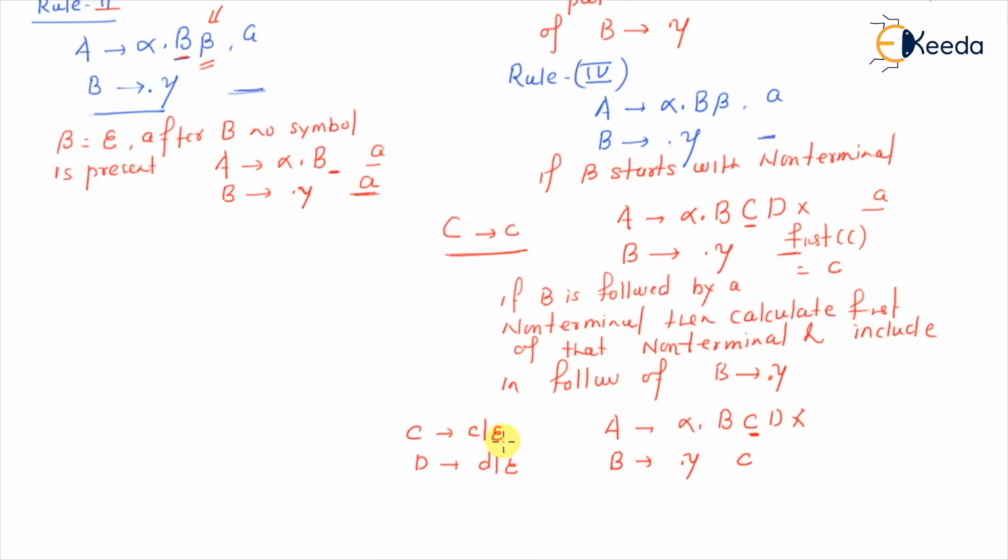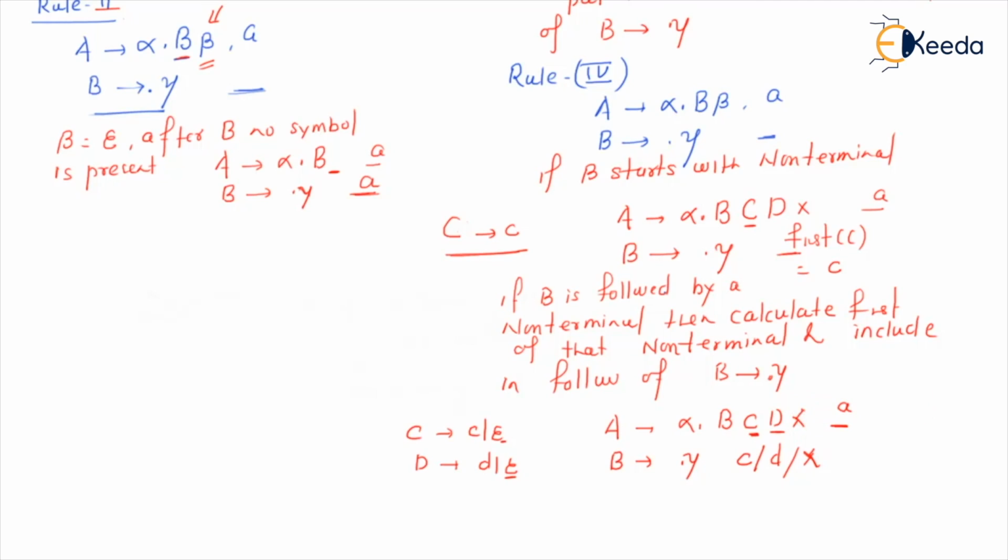But if I replace C by epsilon, it will go to the next symbol, that is D. So I will include D also, but D can also be replaced by epsilon, and hence I finally reach this X. If X is not there, then there will be A, and in that case I would have included this A also. So the first symbol has to be calculated multiple times if it is deriving epsilon, and I need to take care of that.